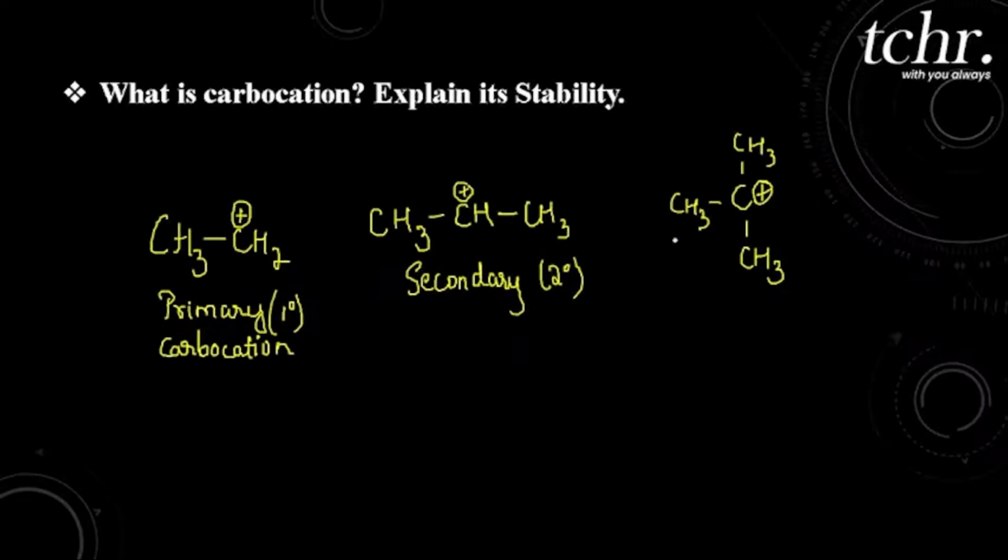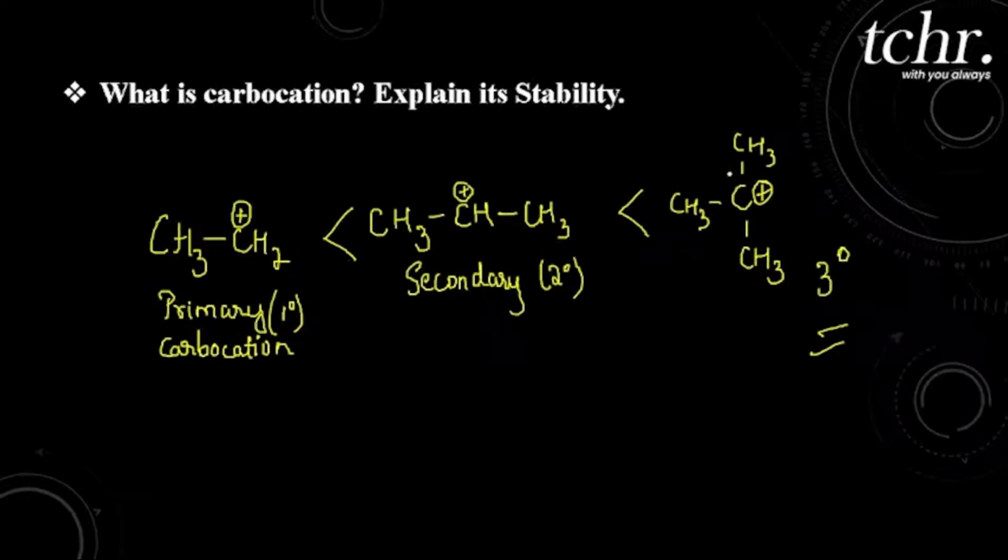So this is a tertiary carbocation, students. So you write the primary, secondary and tertiary structures of carbocation, and when asked to explain the stability, you can say that in carbocations as well, tertiary is more stable than secondary, and secondary is more stable than primary.